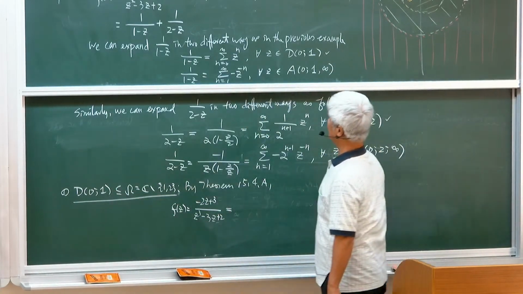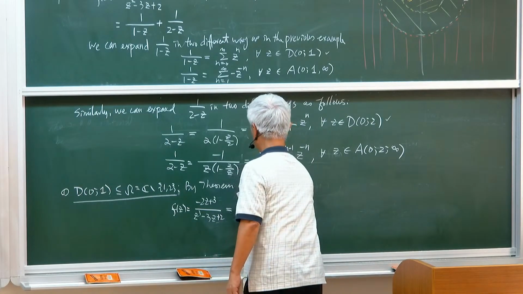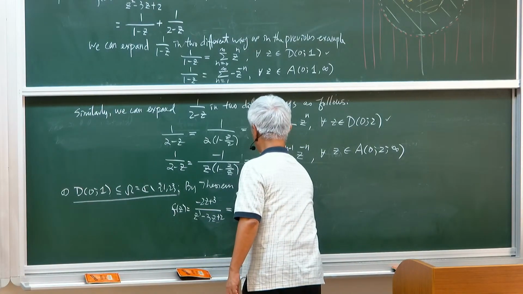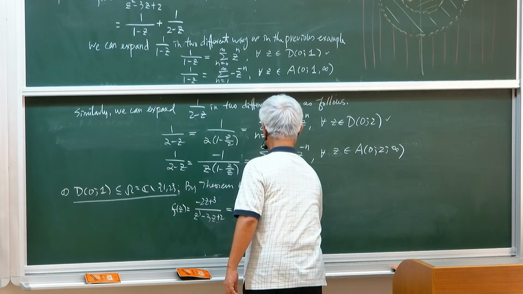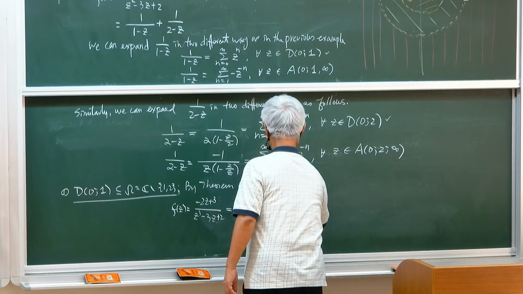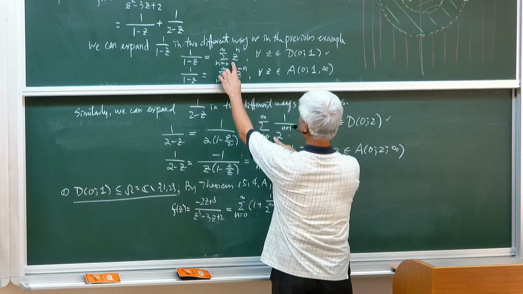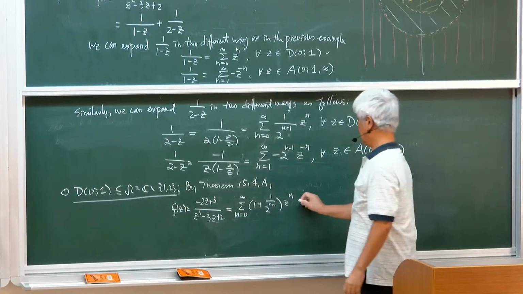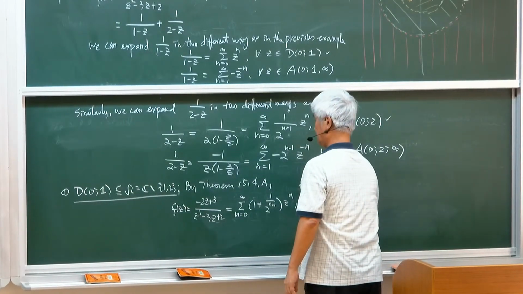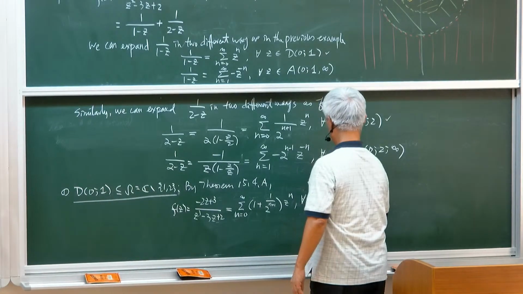So it becomes the summation n from 0 to infinity of (1 plus 1 over 2 to the n plus 1 power) times z to the n. So you have this power series expansion for all z in the open disk with radius 1.